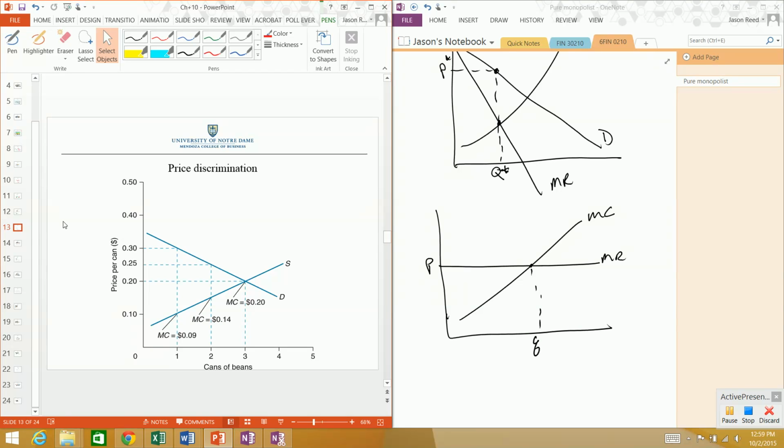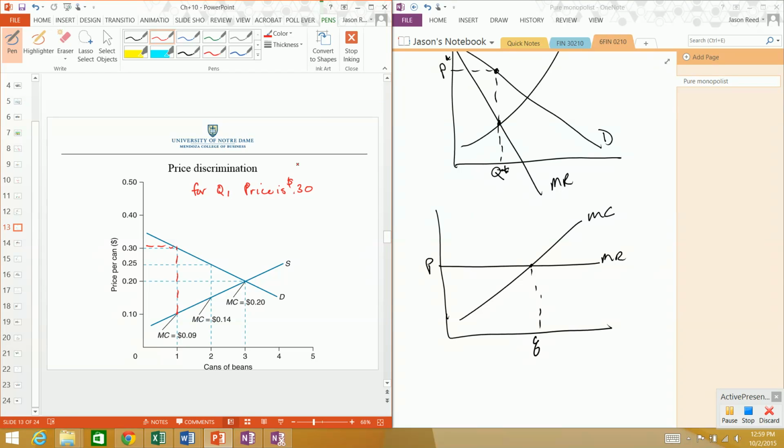An individual enters the market and wants to buy a can of beans. We're going to find out that the monopolist charges the first can of beans, for Q1, a price of 30 cents.